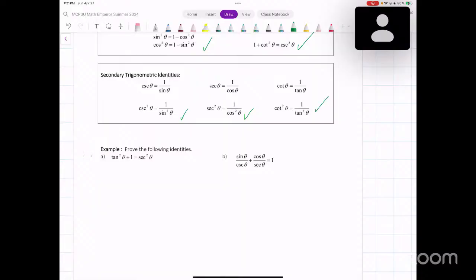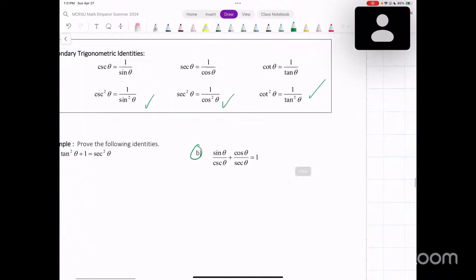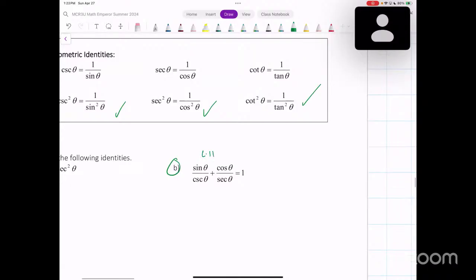We already did the tan squared theta plus cos squared theta one. Let's go to B. Either way, there's a left-hand side and a right-hand side. Which side should I choose to prove? Left or the right? Why? More terms. So the left-hand side is sin theta over cosecant theta plus cos theta over secant theta.